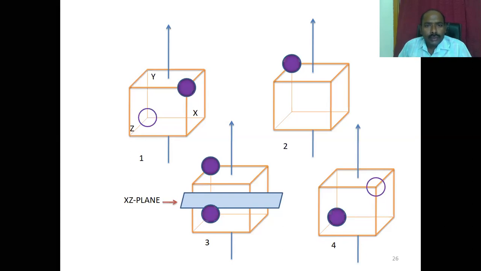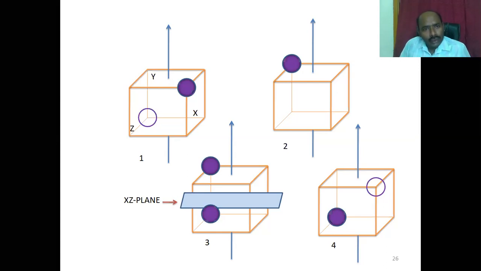Next, we have studied inversion symmetry. In inversion symmetry, about a particular point, inversion exists. If we take one point as reference, with respect to that point, if we take a point at position R, the same point we observe at minus R. If we observe in that way, we say there exists inversion symmetry.